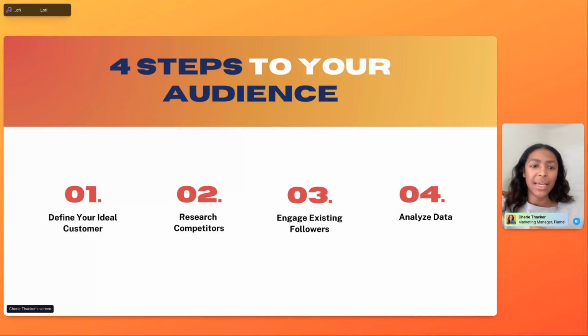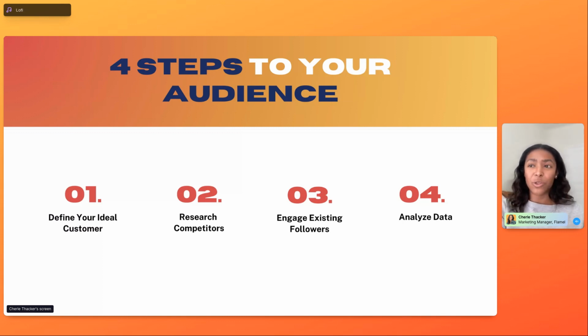Step number 3 is engaging existing followers. If you already have a good follower amount, great; if you don't, it's okay. If you're just starting out, that's okay. You will find people will start following you once you start creating content. But if you have somewhat of a following currently, being able to engage with them, by asking probing questions, having surveys, polls, and even sliding into their DMs, is a great way of getting feedback from them.